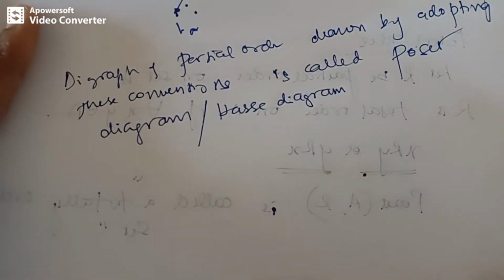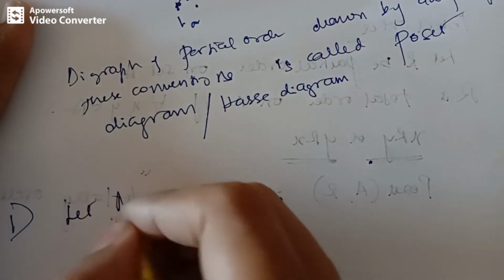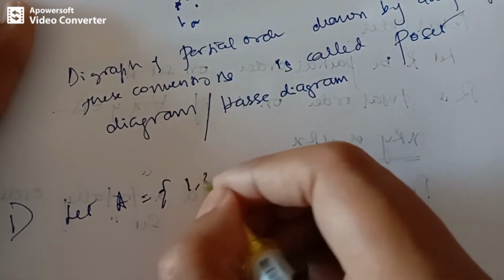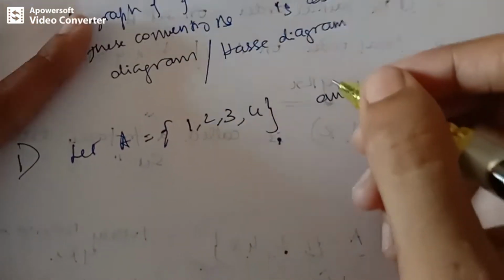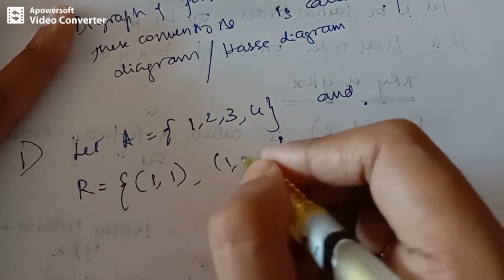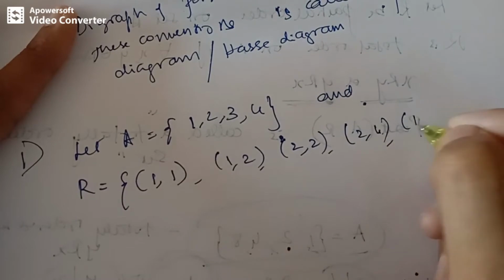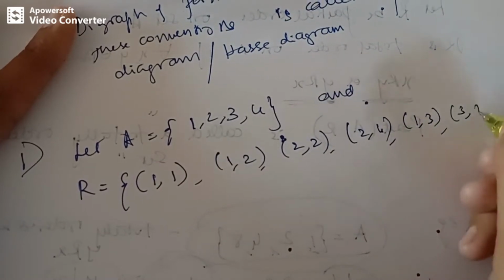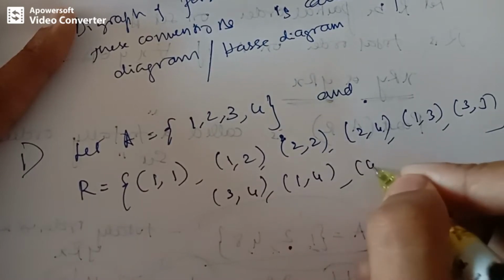Let's take an example to illustrate the same. Let's say you have been given a question where A is the set with elements 1, 2, 3, 4, and the relation R is given as (1,1), (1,2), (2,2), (2,4), (1,3), (3,3), (3,4), (1,4) and (4,4).